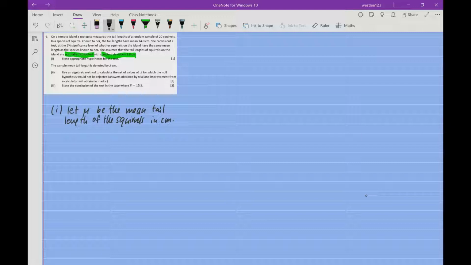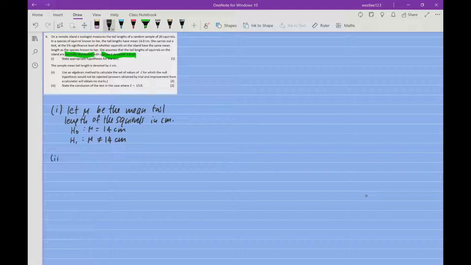We try to be as specific as possible. Then the null hypothesis H0 is mu equals 14, so the species known to her is 14 cm. And then we want to check whether or not it is the same, so we are proposing H1: mu not equals to 14 cm. So we want to check whether or not H0 still holds.